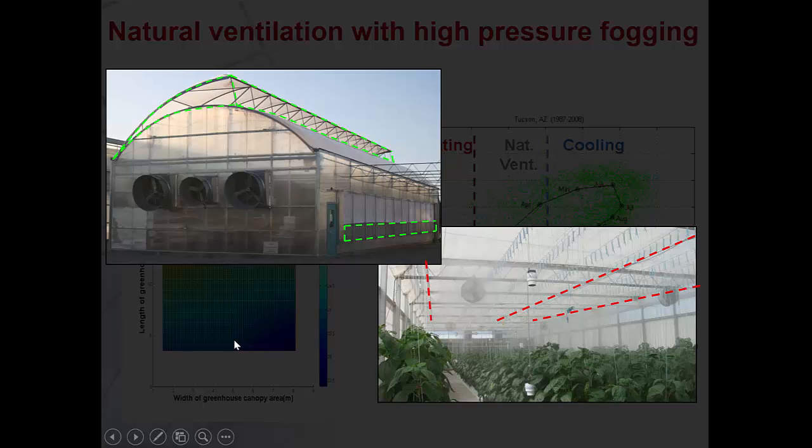The low volume high pressure fog consists of very small water droplets, in the range of 3 to 10 micron sizes, which can improve the cooling efficiency because these droplets can evaporate quickly into the greenhouse environment. Therefore, the increased surface area to volume ratio improves the rate of vaporization and ultimately the cooling efficiency.